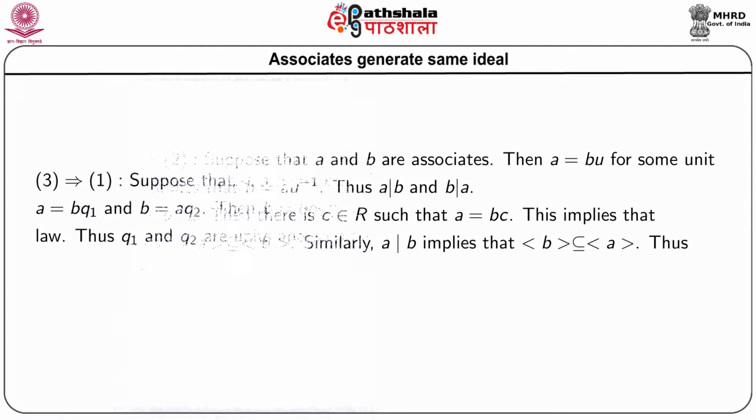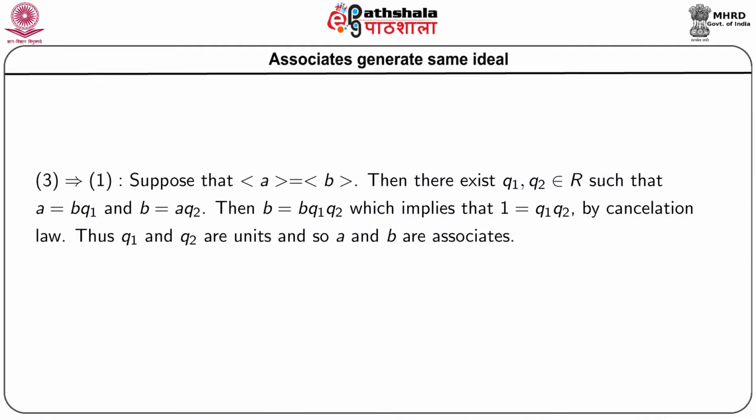Now, we prove that condition 3 implies condition 1. Assume that a and b are two elements of the ring R such that they generate the same ideal. Since a belongs to the ideal generated by a, a belongs to the ideal generated by b, and hence a becomes a multiple of b.